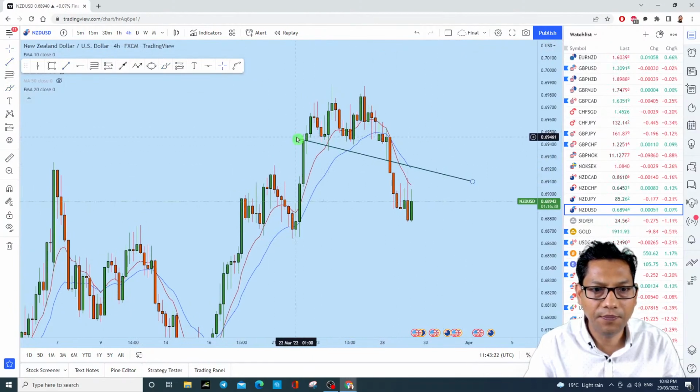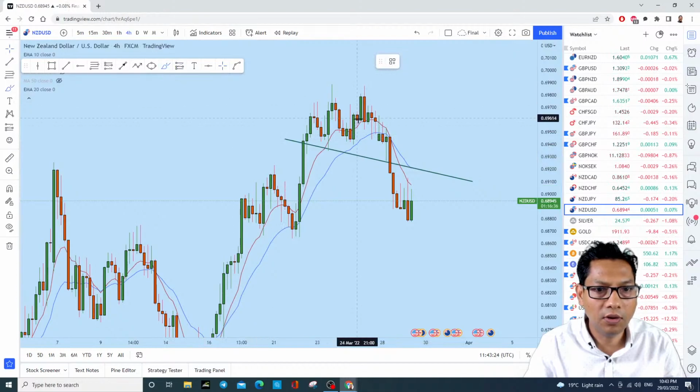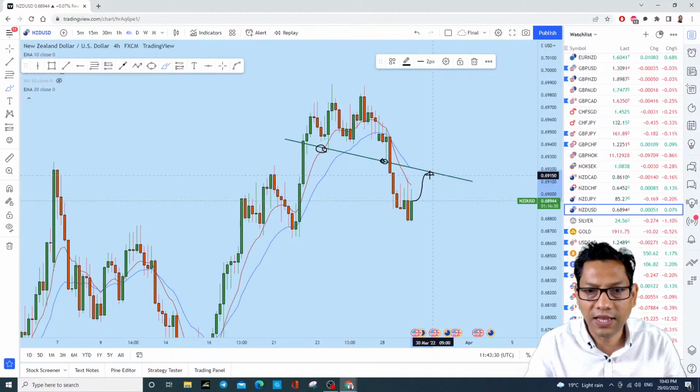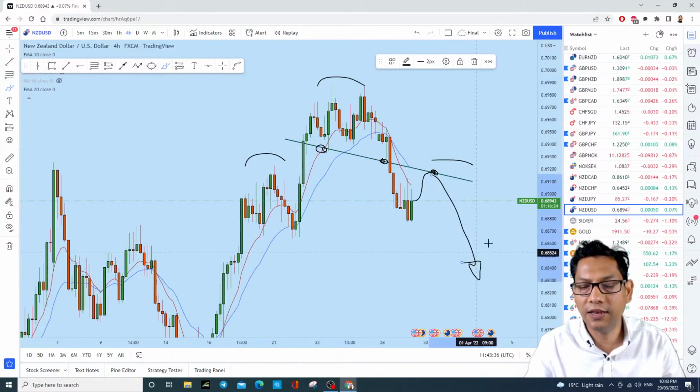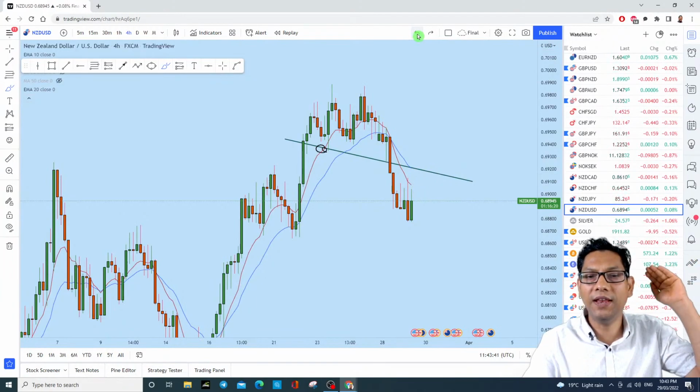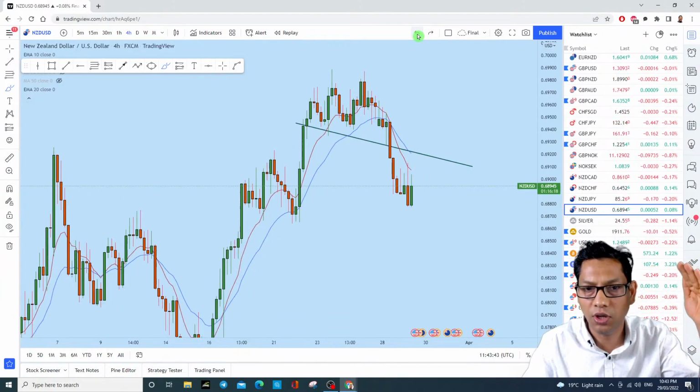You see there is a support here, there is a support here, and if the price comes here, tests this support as a resistance and creates a head and shoulders here, then it is likely to drop. This is the situation.